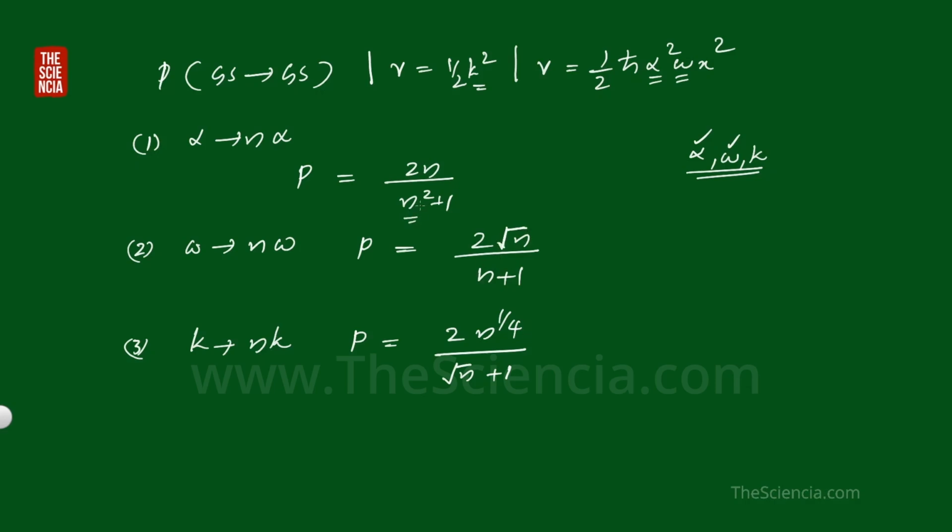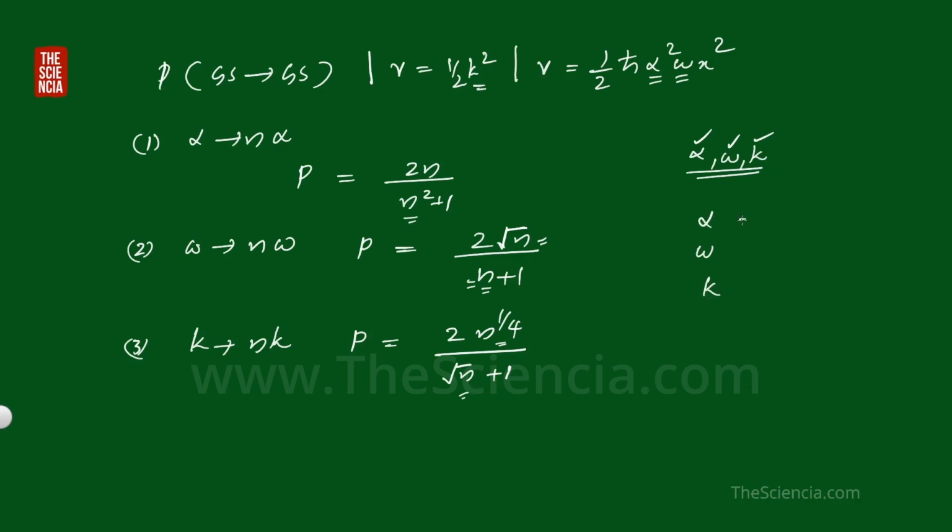See, here there is n square, but here only n. Then consider k. Again take the root: here root n is there, so taking the root again we got n raised to 1 by 4. Here n, so we took the root, that is root n. So remember this order: alpha, omega, k.